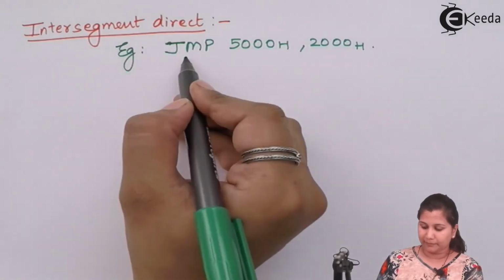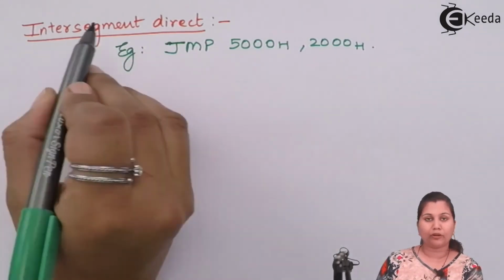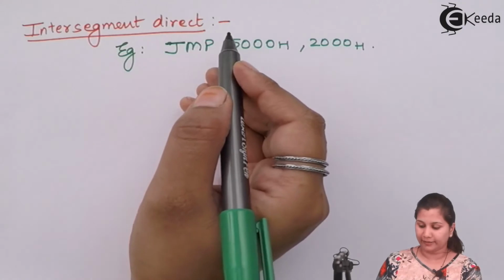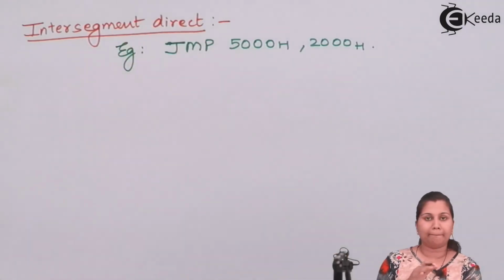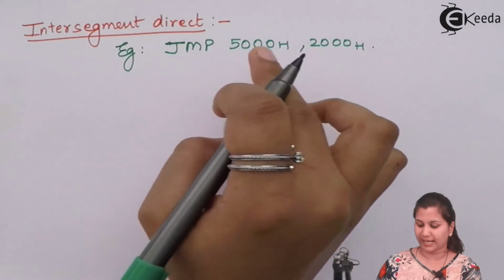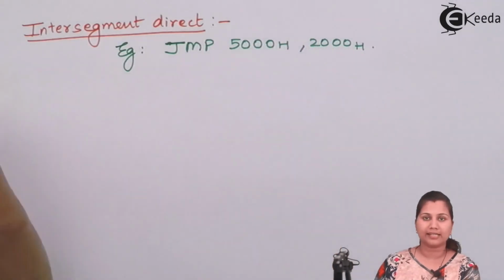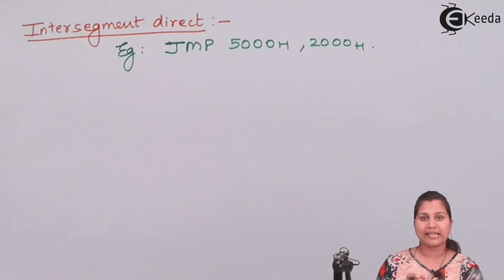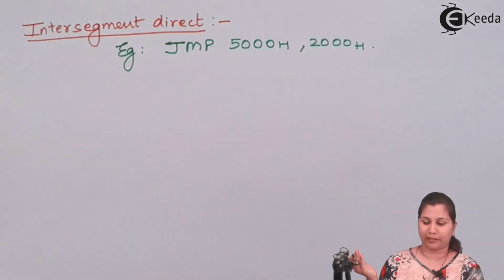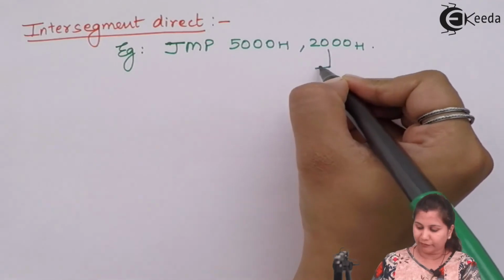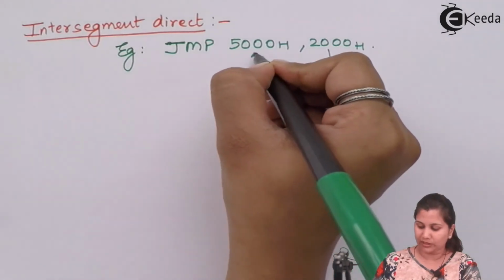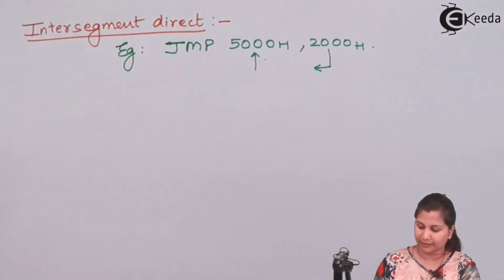This instruction is an example of the inter-segment direct addressing mode. In this, you can see that the execution is transferred to some other memory location, and that memory location is directly specified in the instruction itself. The segment is a different segment, so 2000 is the effective address and 5000 is the segment address.